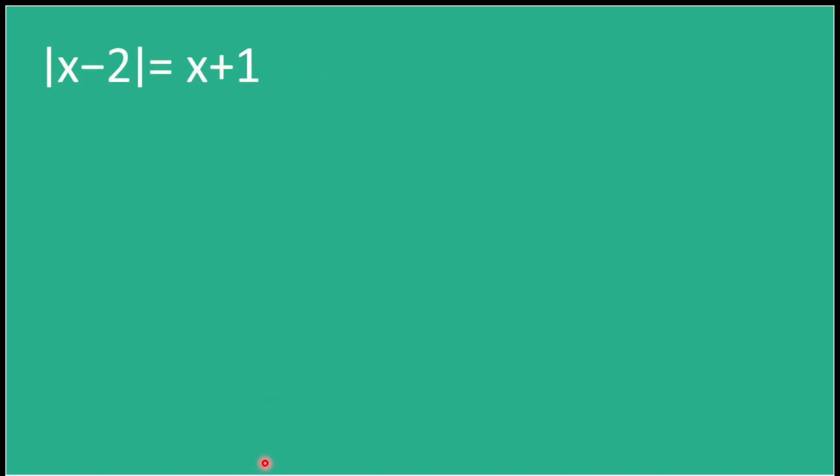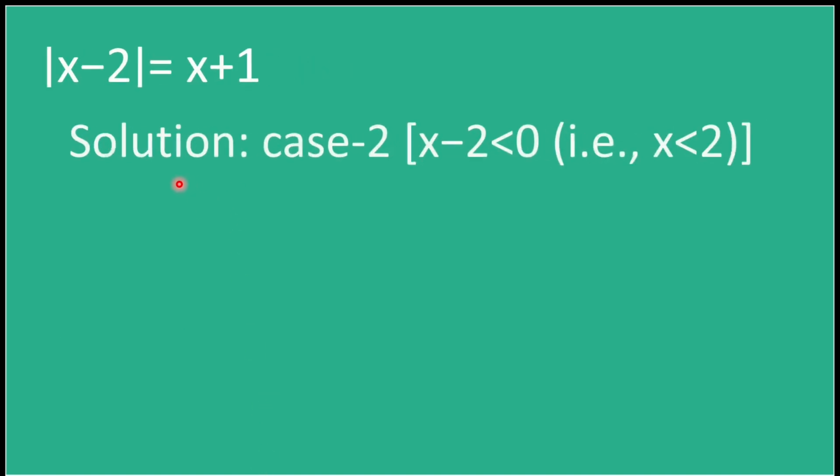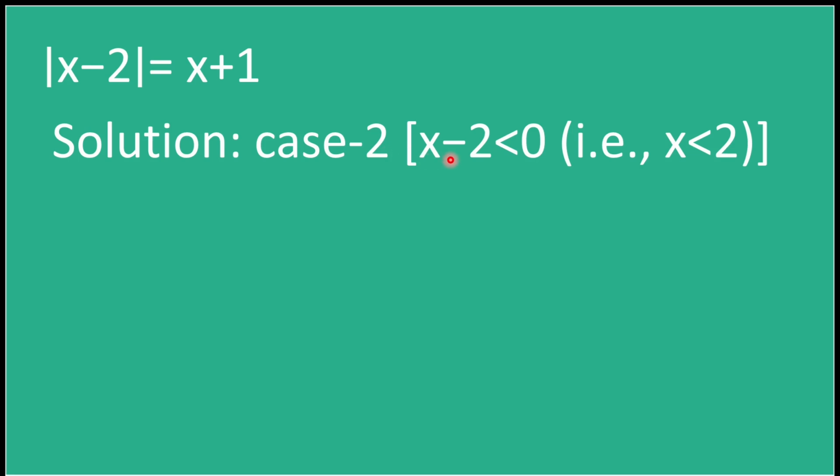Now let's study case 2. In case 2, we have x minus 2 less than 0. So if x minus 2 is less than 0, we can say that x is less than 2.